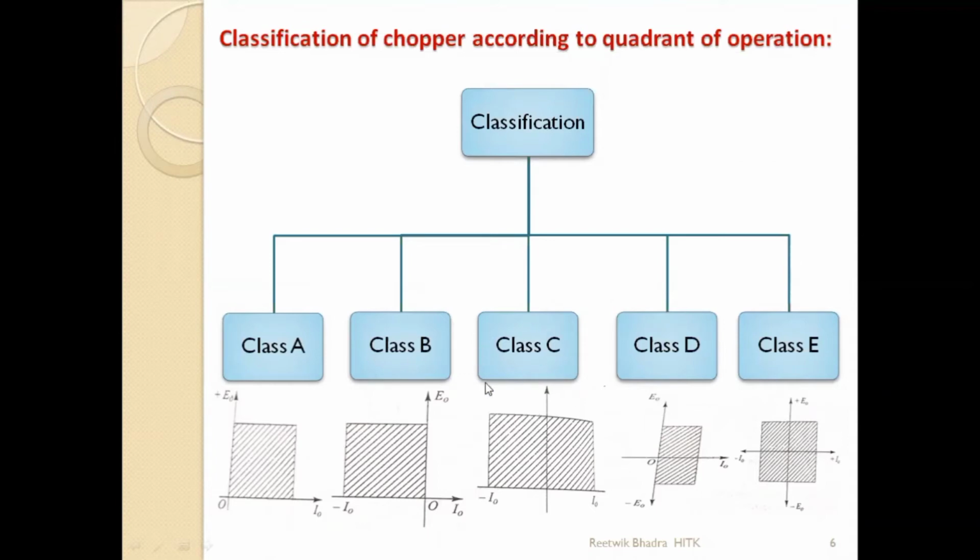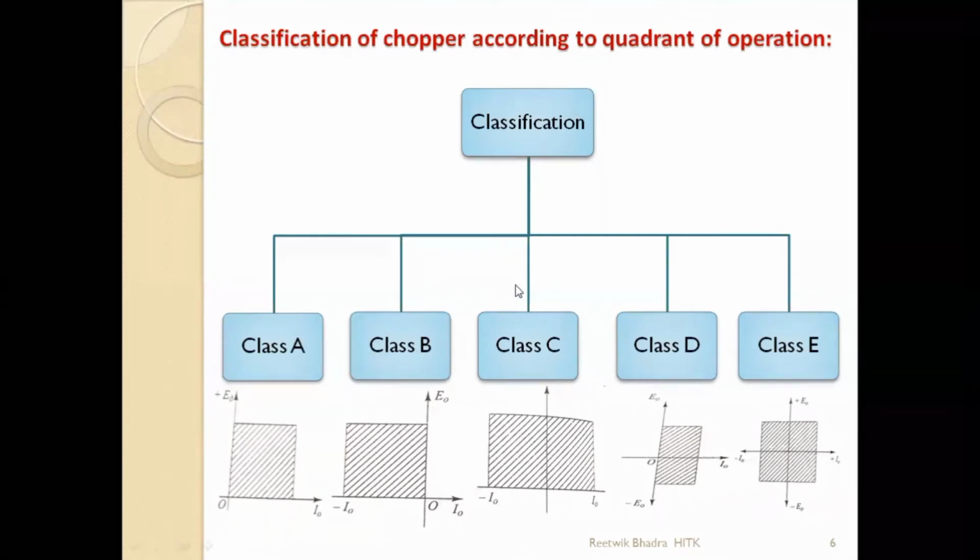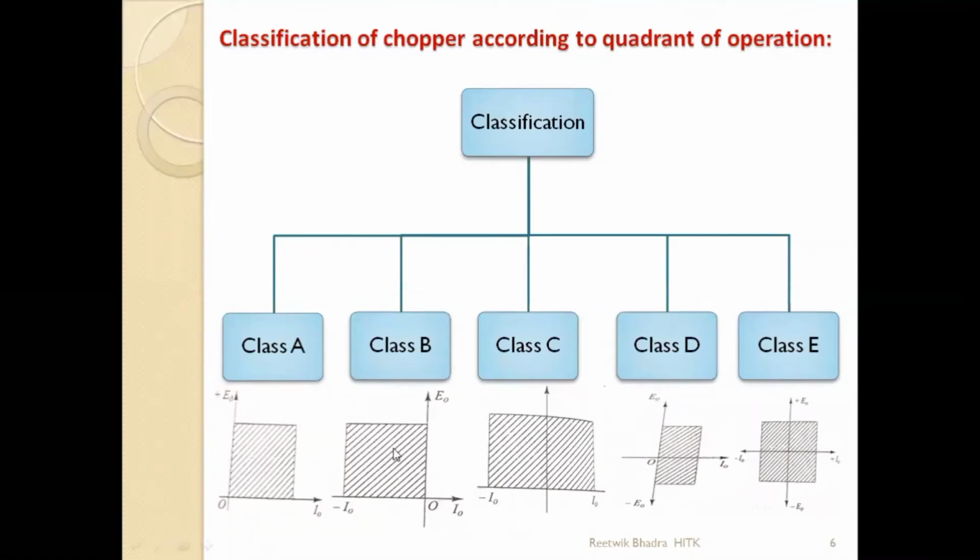Class C is your 2 quadrant chopper which operates in first and second quadrant. Class A operates in the first quadrant and class B operates in the second quadrant. So if you combine class A and class B, obviously you will get class C, because first and second quadrant operation is given by combining these two. Class D is first and fourth quadrant operation, and class E, very important, can operate in all the 4 quadrants.